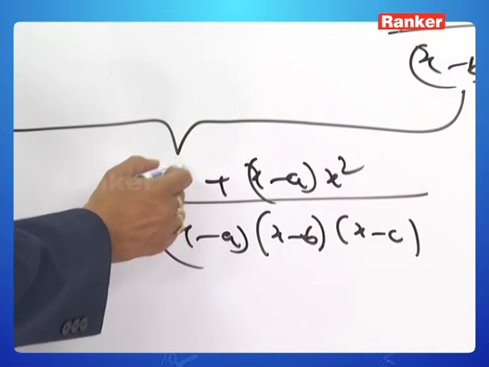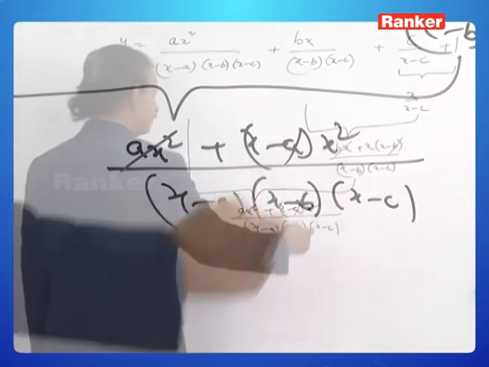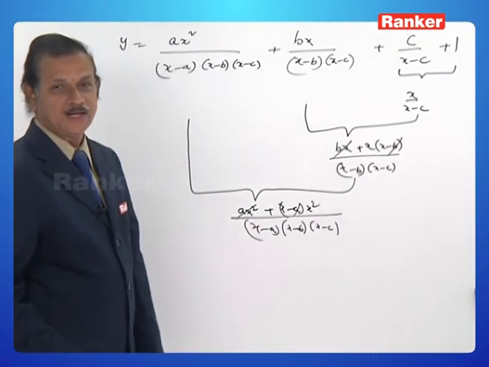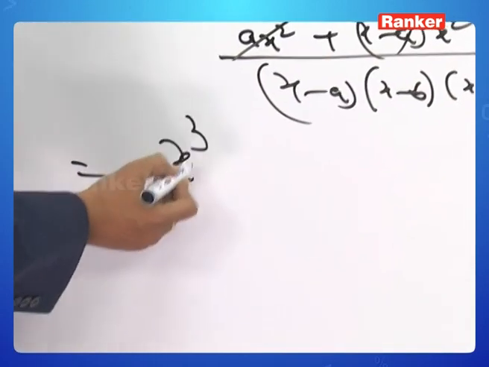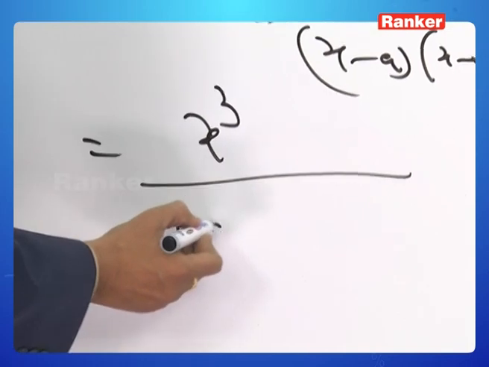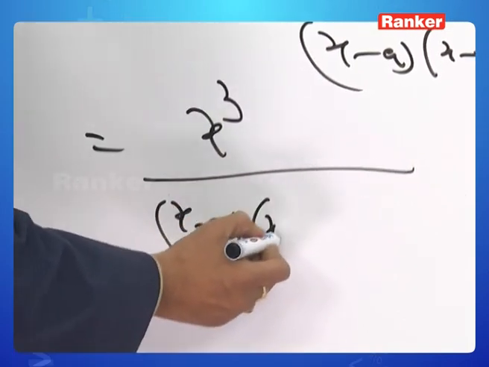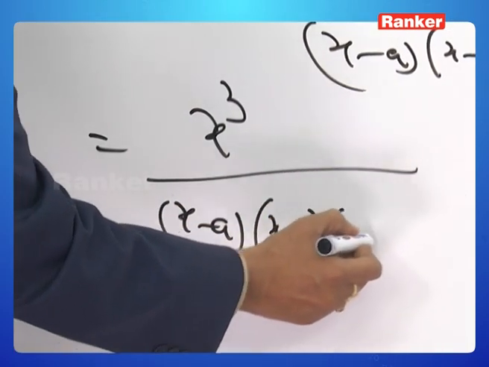Total ax square minus a into x square, minus ax square will go away, leaving you x cube by x minus a into x minus b into x minus c.